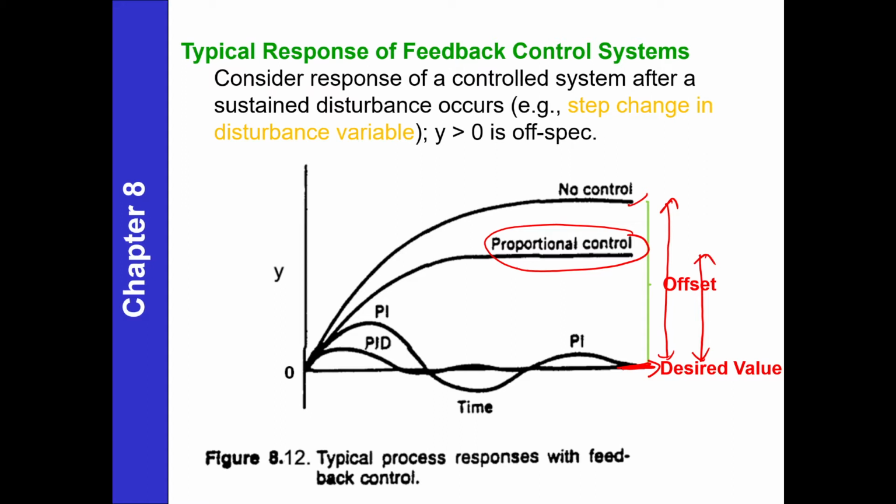When the controller only reduces the error, there is an offset, which is the difference between our desired value and what we currently get. For a stable response, this response will achieve a steady state there. What does steady state mean?